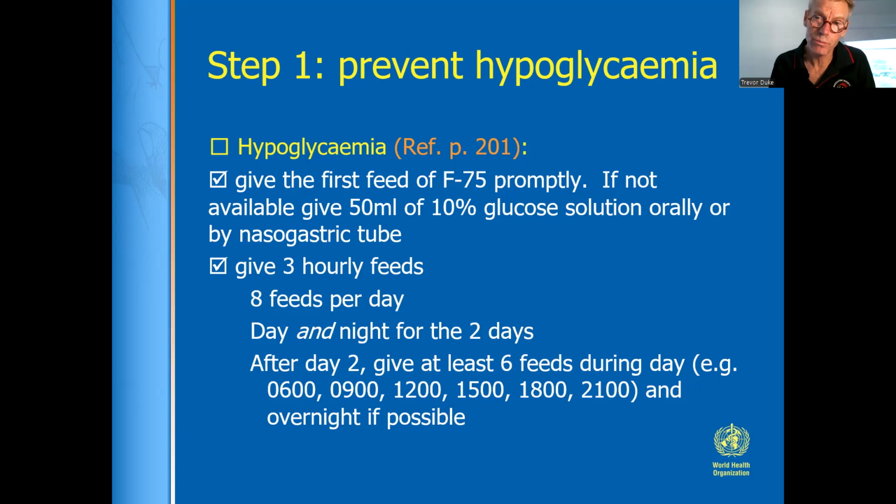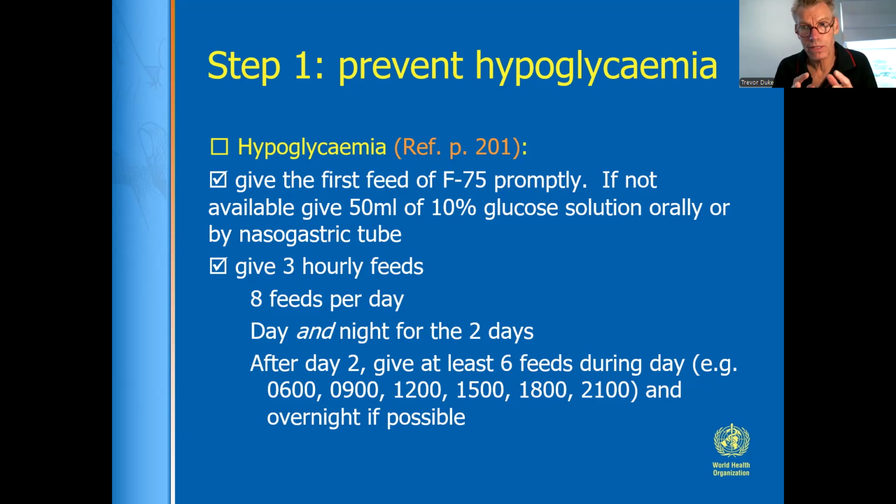These two formulas are designed to manage different stages of malnutrition, and to cover many aspects, including micronutrient deficiency, electrolyte disturbance, and the prevention of refeeding syndrome, which we'll talk about. So the F75 is designed to do that in the first week of management of severe malnutrition.